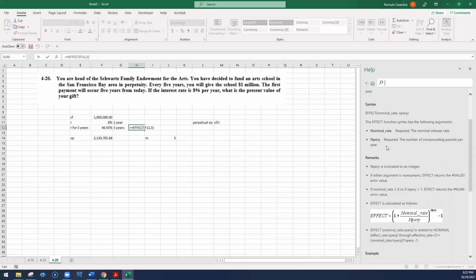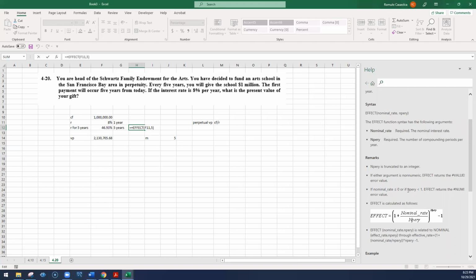The F1 key is useful right now. This is the formula it uses here, and it's different from mine, because I don't divide by the compounding. I think the limitation is that if the nominal rate is less than or equal to 0, or less than 1, it shows an error. You should put it between 0 and 1, that's the range for the argument.